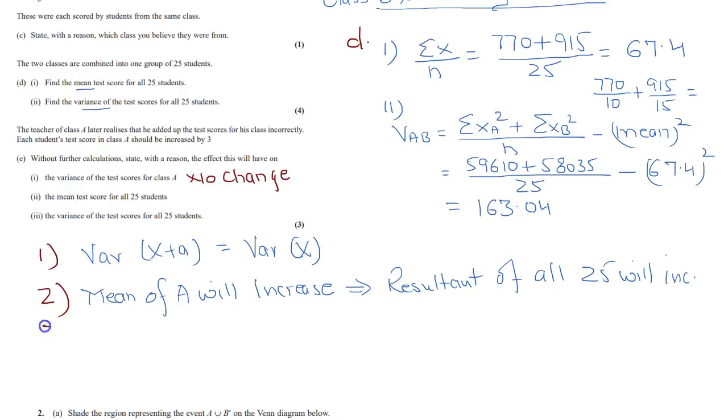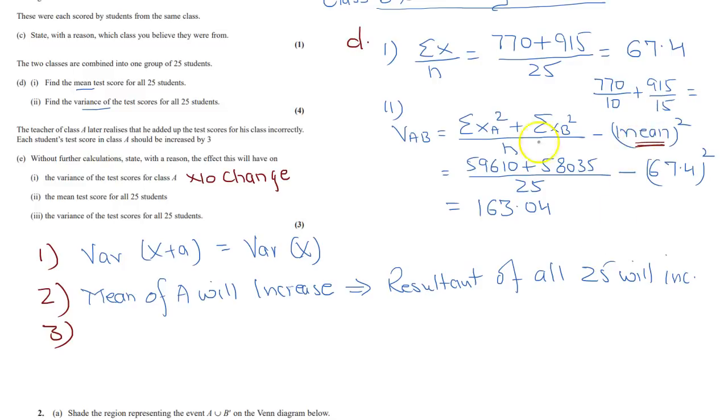And part 3 is the variance of the test. Now, in the calculation of the variance of all 25 students, we are using the mean.